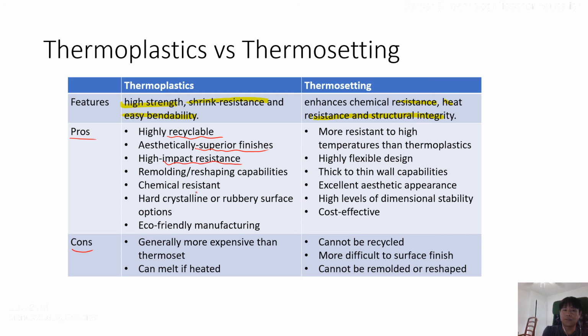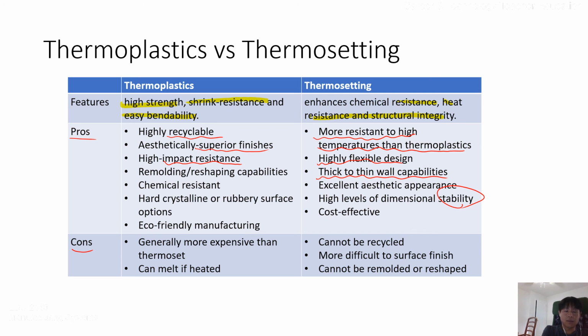The pros of thermosetting plastic are that it is more resistant to high temperature than thermoplastic, and it has highly flexible design, thin to thick wall capability, and a high level of stability.